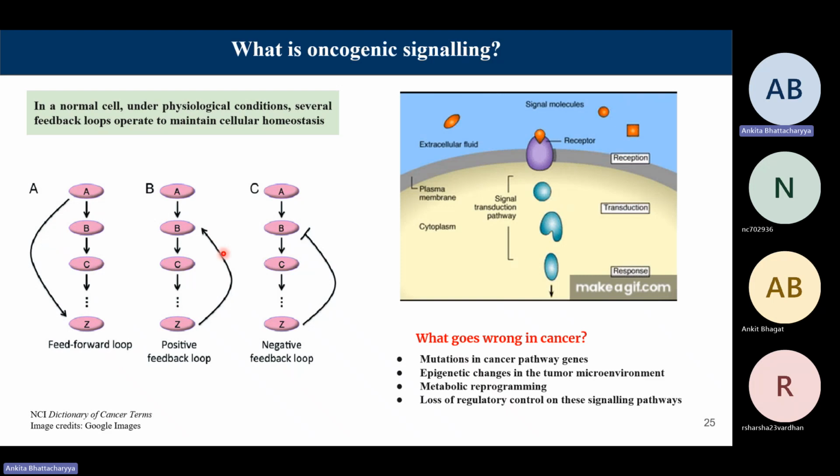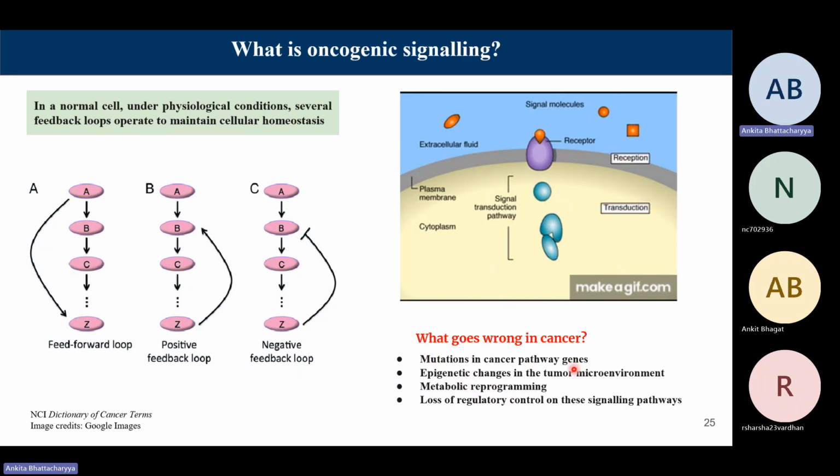So it supports its own increase. Then the negative feedback loop inhibits the same. So these are the control checks that have been kept in place. And within the cell, you can see that there is extracellular fluid which contains a signal molecule that binds to the receptor. Then the signal transduction pathway takes place and it activates some particular gene X.